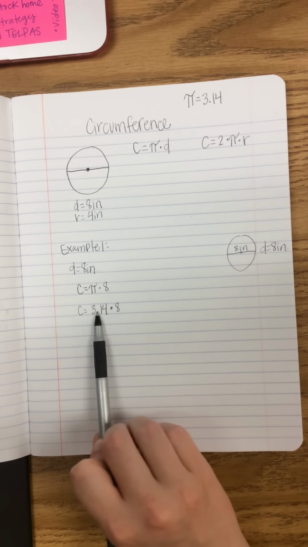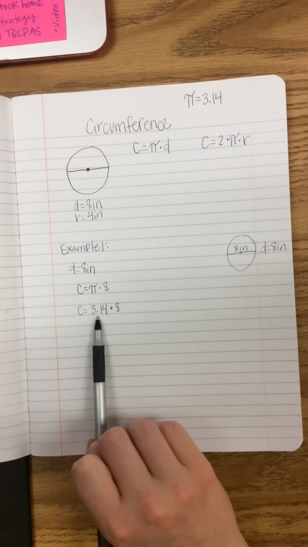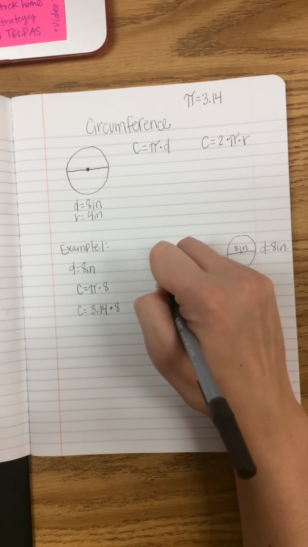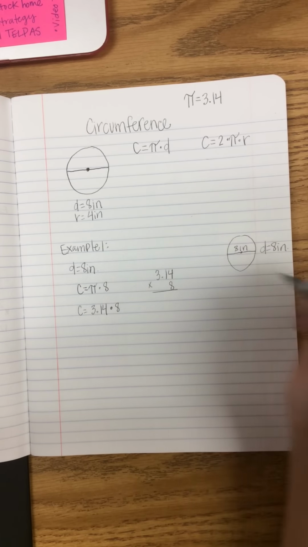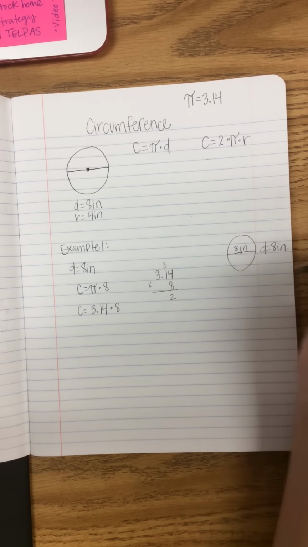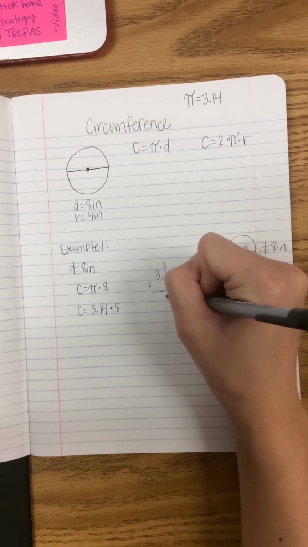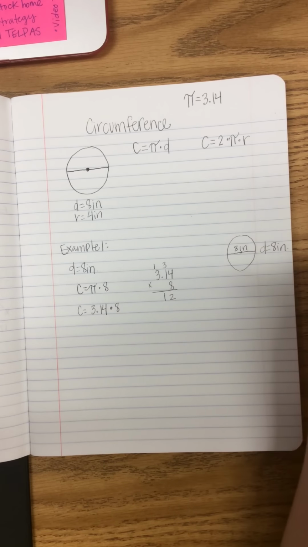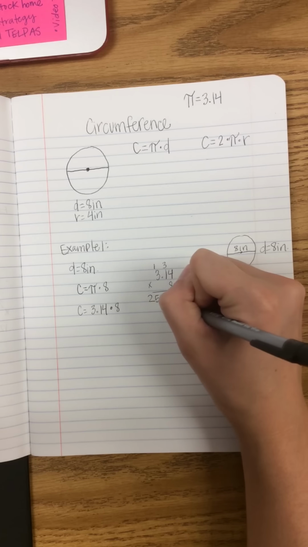Now we have the two numbers that we're going to be multiplying together, and let's go ahead and multiply them. 3.14 times 8. Well, 8 times 4 is 32. 8 times 1 is 8, plus 3 is 11, sorry. And 8 times 3 is 24, plus 1 is 25, okay?